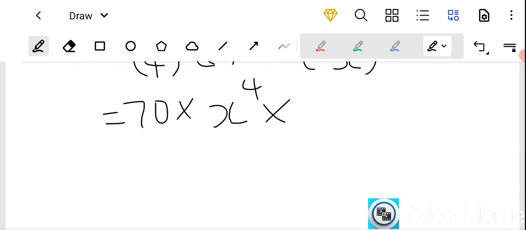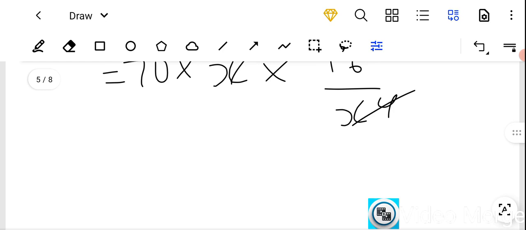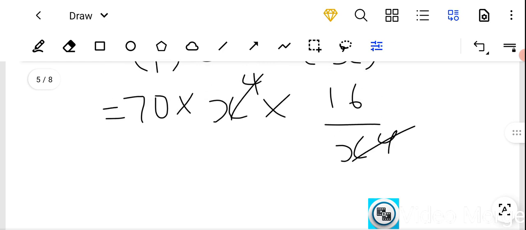So 16 divided by x to the power 4. In this case, it's kind of a coincidence that the middle term is the term independent of x, where the terms cancel out like that. So I'm going to have 70 times 16, which gives you 1120.